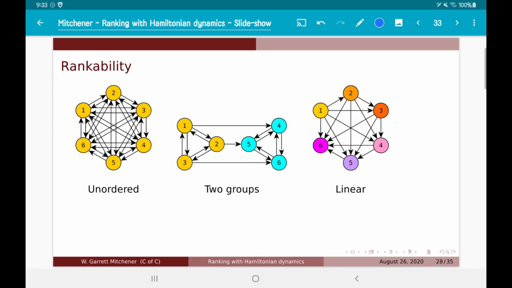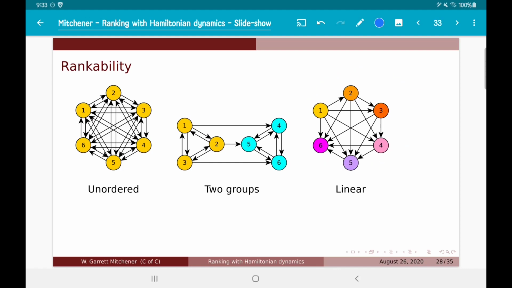You can run any ranking algorithm on this, and it will give you an order, but the order is inherently meaningless. Any order that you could choose would be consistent with this data because it's inherently unordered data. On the other extreme, here I've got a complete tournament.